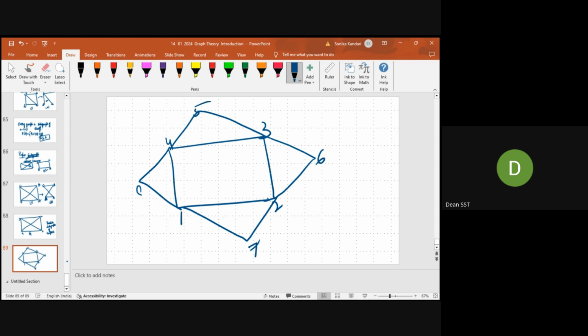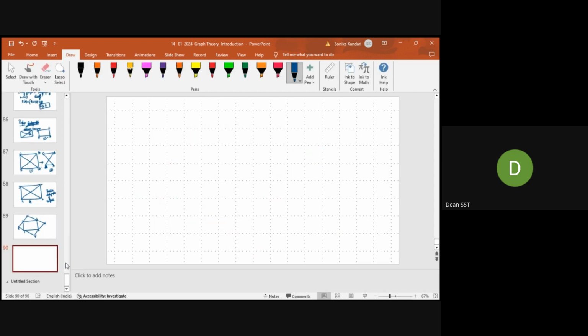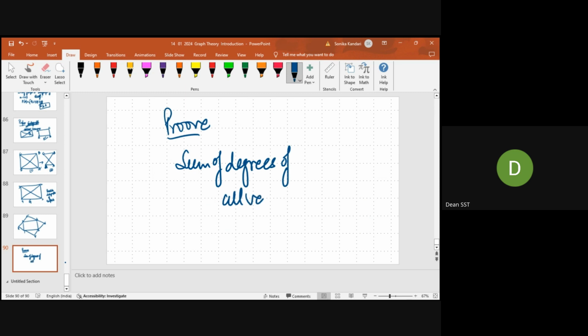Have you drawn this diagram? Okay. Just prove that the sum of degrees of all vertices is equal to twice the number of edges.